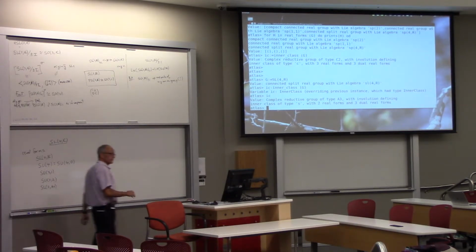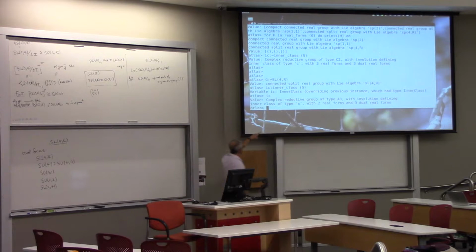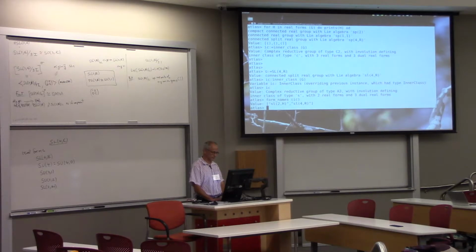Anyway, this inner class has two real forms. Never mind the dual guys. Two real forms. So let's see what they are. Form names of IC: strings that identify.